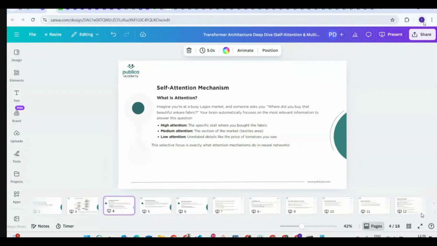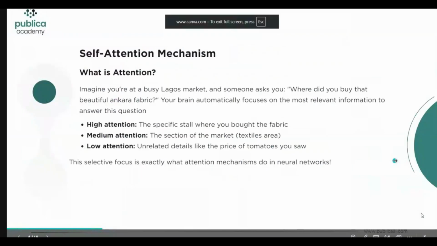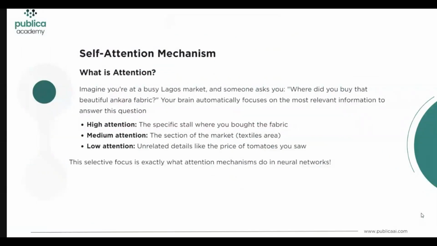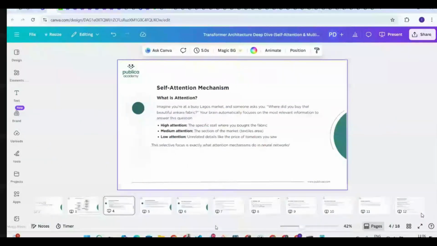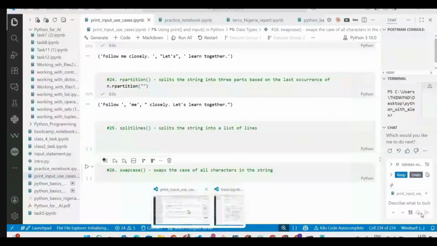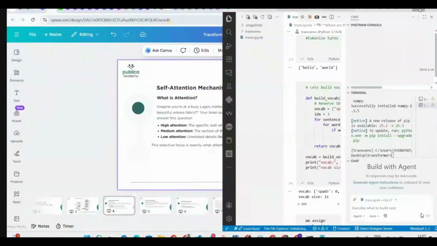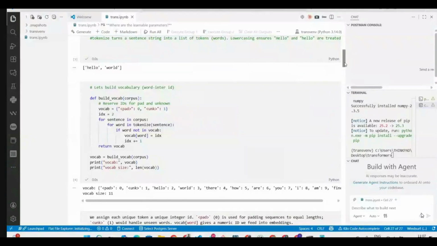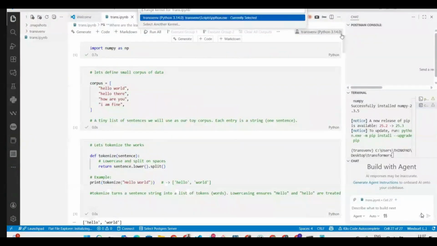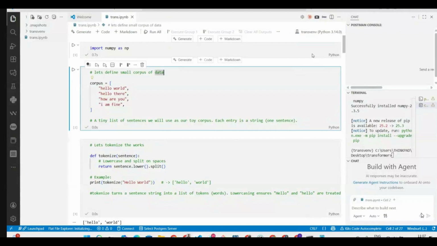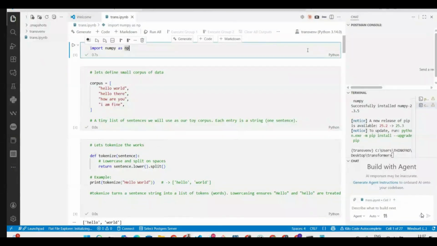So here is to help us get all of the intuition. Everything I've explained was an overview, so that when you hear the big words, nobody will be confused again. And in case you are interested in the code, see the code. We are only doing it once. The truth is, nobody will ask you to come and build a transformer. It has been built, and no one is reinventing the wheel.